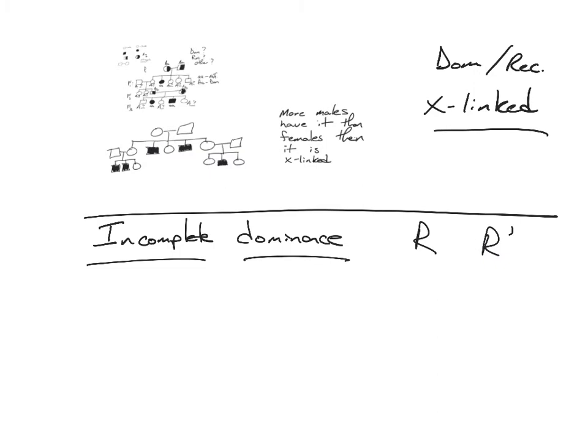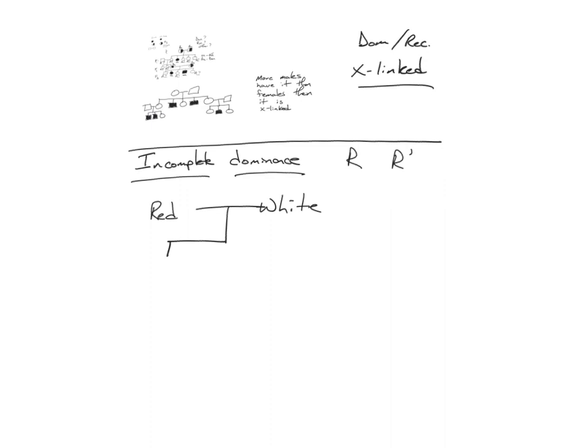So if you have, let's say, a red flower and you combine it with a white flower, you mate these together, what you could get is all kinds of combinations. One of the things you can get is a red flower, and that red flower would have an RR.